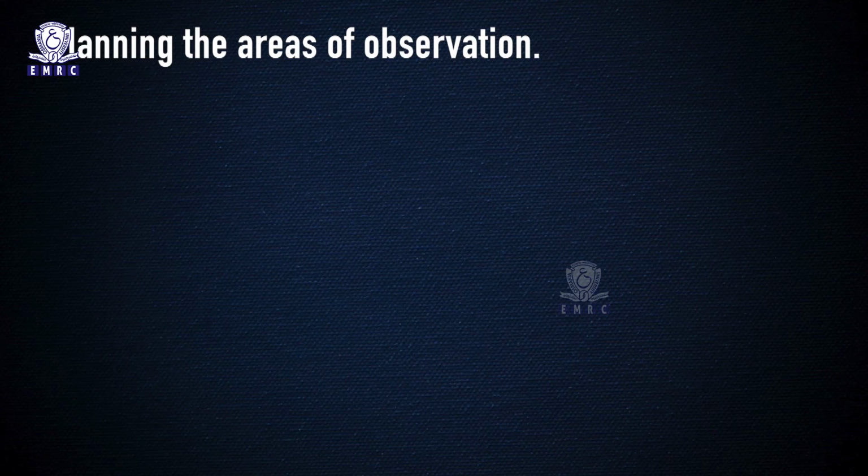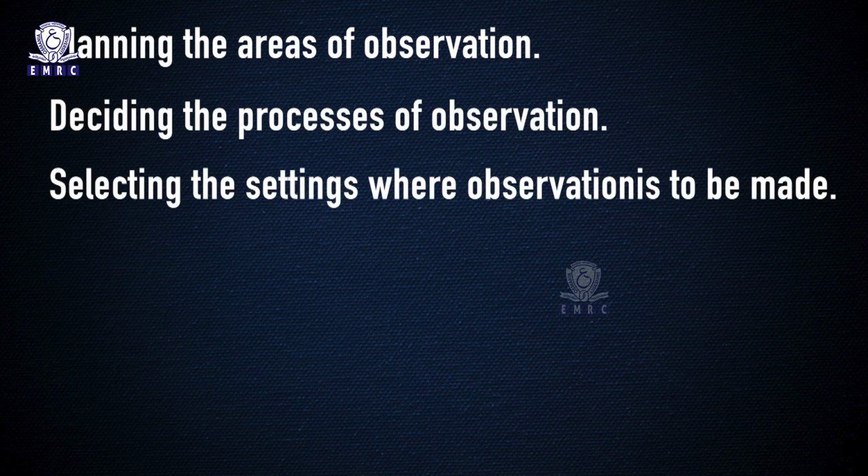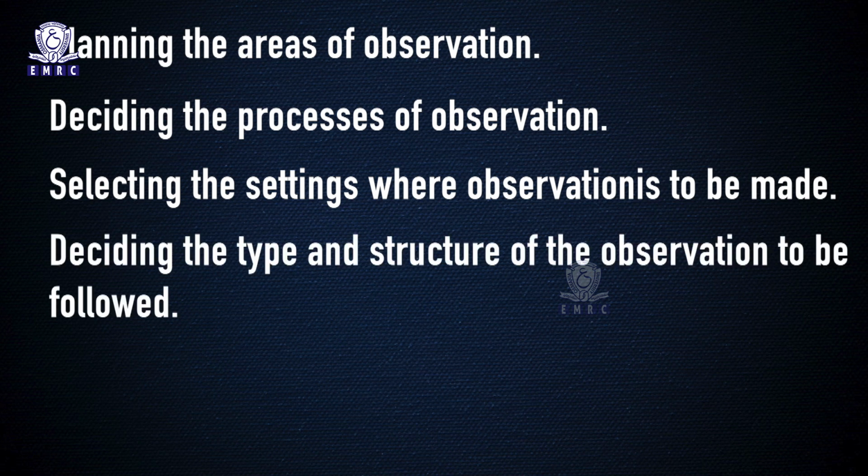It can also be used to verify and extend the generalizations or theories formed on the basis of other studies. Observation must be planned systematically and consists of planning the areas of observation, deciding the processes of observation, selecting the settings where observation is to be made, and deciding the type and structure of observation to be followed.